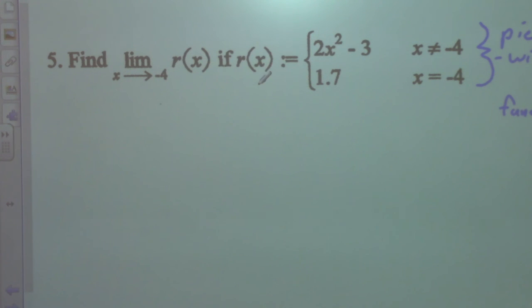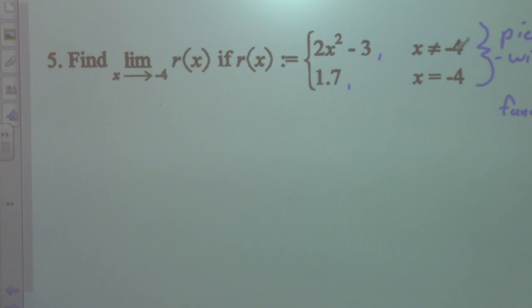What this says here, and this is not written like you normally see it, usually you'll see a comma here, is that the value of the function is 2x squared minus 3 when x is not equal to negative 4, and is 1.7 when x equals negative 4.